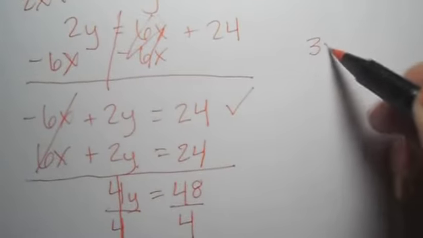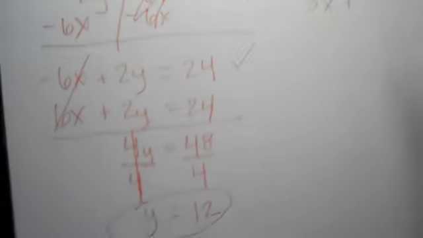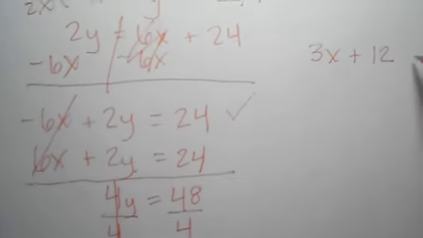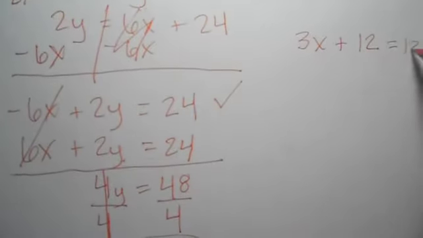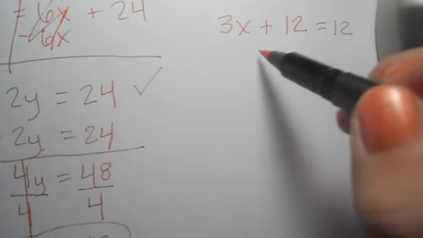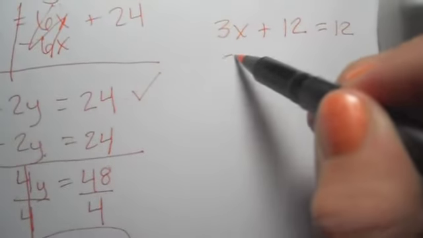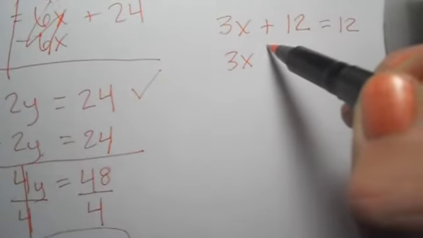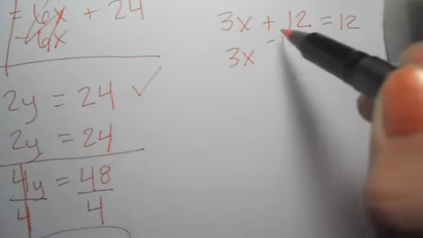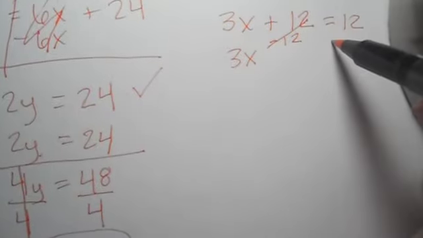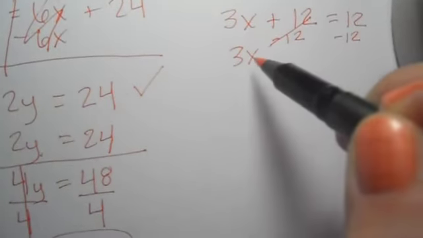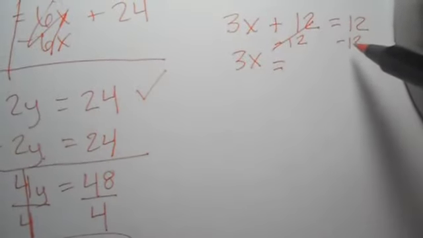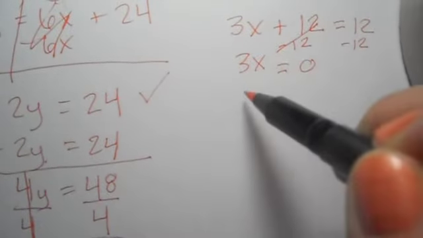So 3x plus, here's the substitution, 12 equals 12. Okay, well, I want x by itself. So what I'm going to do is subtract a 12 here. So that goes away. So we have 3x equals, what is 12 minus 12? 0.